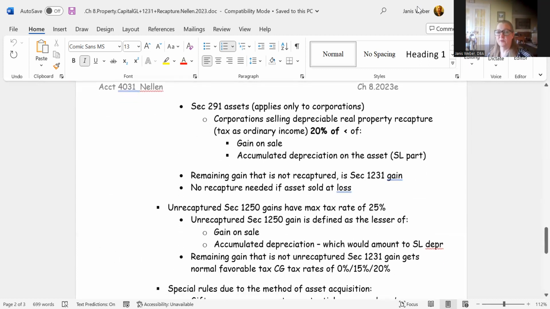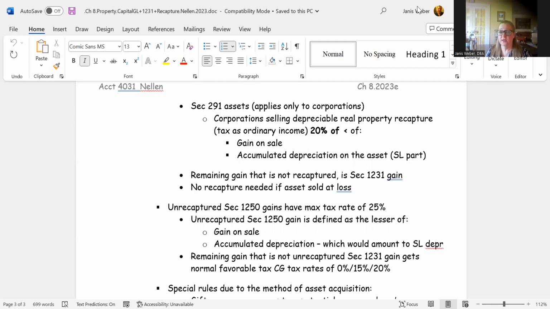Okay, but now we have this other one. Section 291 that applies only to corporations says that when a corporation sells depreciable real estate, they recapture as ordinary income 20% of even the straight line part of the depreciation. So there would be that extra for corporations, 20% recapture under Code Section 291.